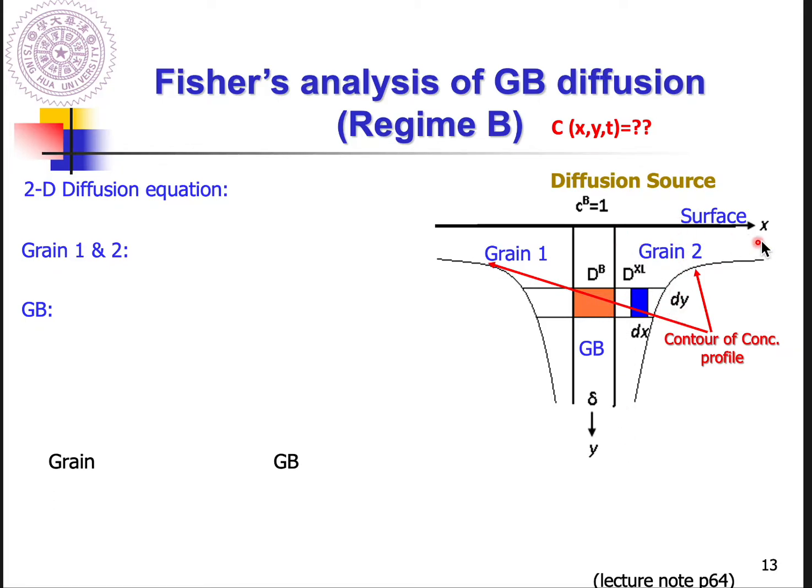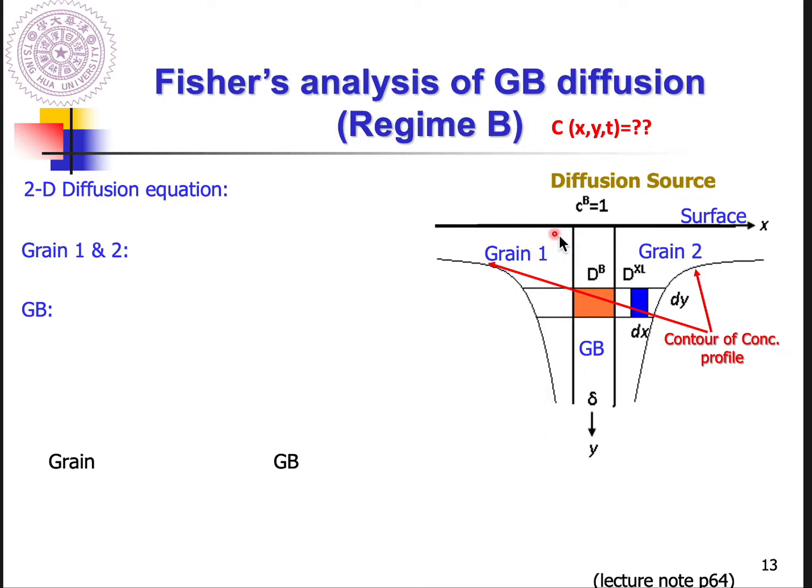Inside this grain, this portion will have a higher concentration of diffusing atoms, and the concentration will decrease along this direction. So this is the contour of a concentration profile, meaning each location on it has the same concentration of diffusing atoms, and the same idea can be applied to grain 1.